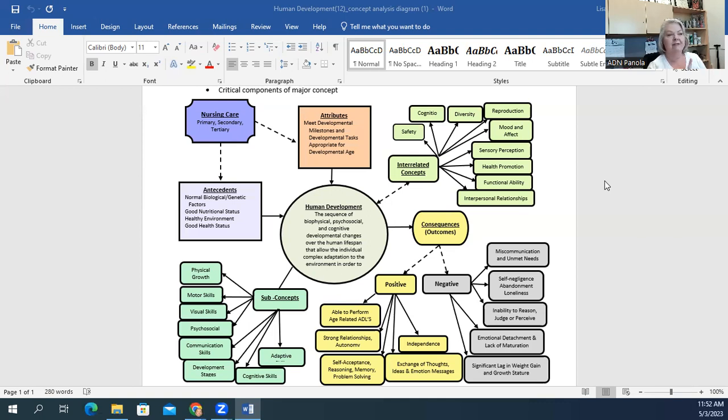You know, if they're being fed when they're hungry, if they're being changed when they're dirty, if they're being held when they just need comfort. It's those basic things that help them to start to develop that sense of trust. And of course, mistrust is going to be that their needs are not taken care of, so they cannot develop that sense of trust.